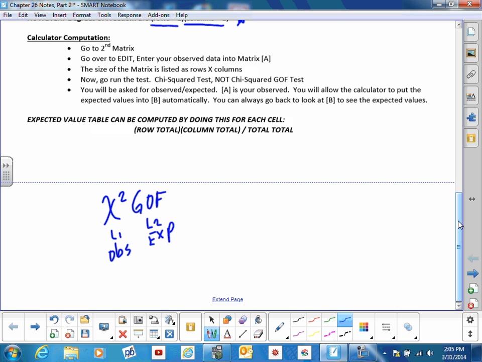So matrix A was the observed, and then you run the test. The calculator will automatically put the expected values into your matrix B. With all that said, though, we could compute one of the expected counts by hand, and we'll practice that here in a minute.